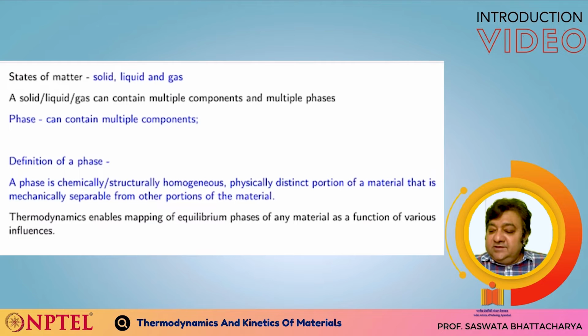So what is a phase? A phase is a state or portion of a material that is both chemically homogeneous as well as structurally homogeneous, which has physically distinct properties and which is mechanically separable from other portions of the material.